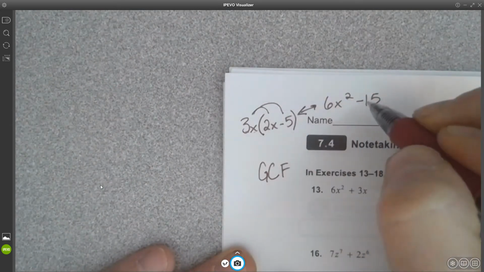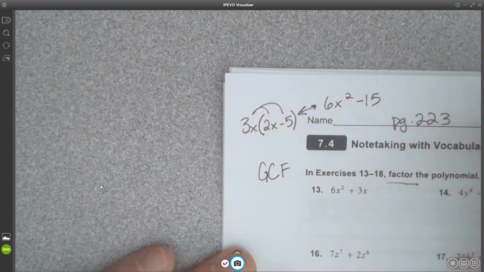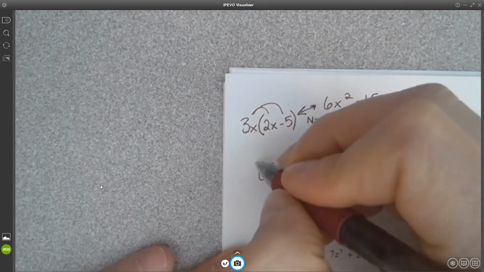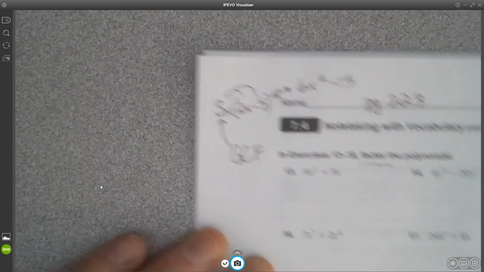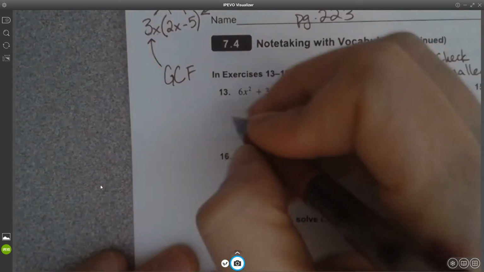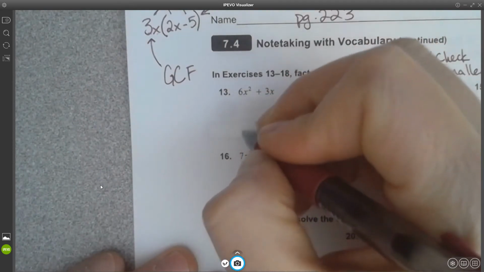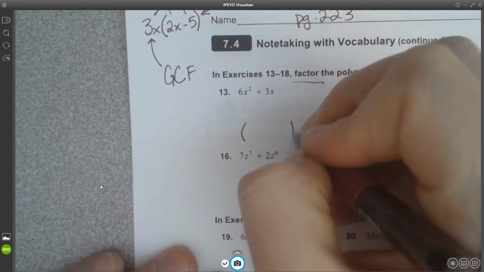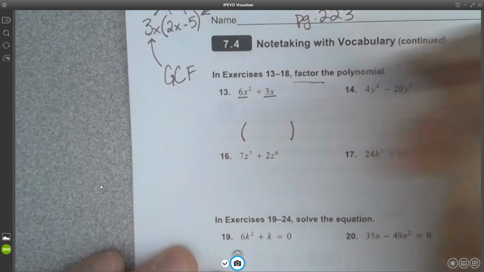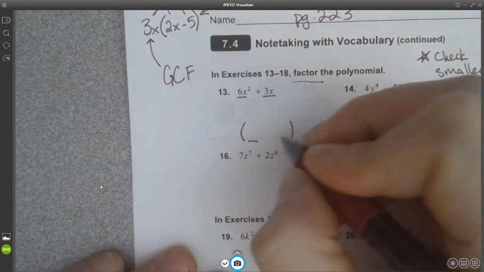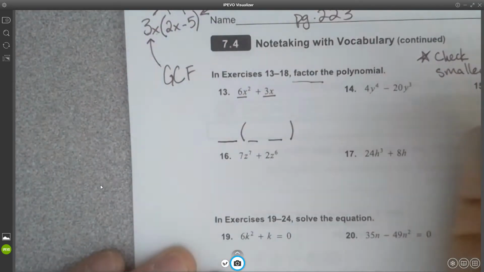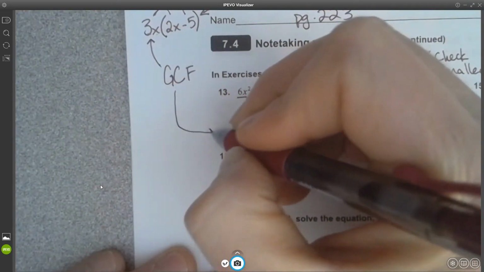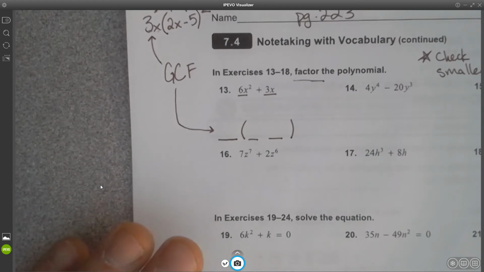So this is distributing, going this way is factoring, and our goal is to find what is the biggest amount that we can put out in front. So all of these are going to end up with a set of parentheses. I have two terms here, so I'm going to need two terms inside my parentheses, and I'm going to need to figure out what's the greatest common factor of those two terms.